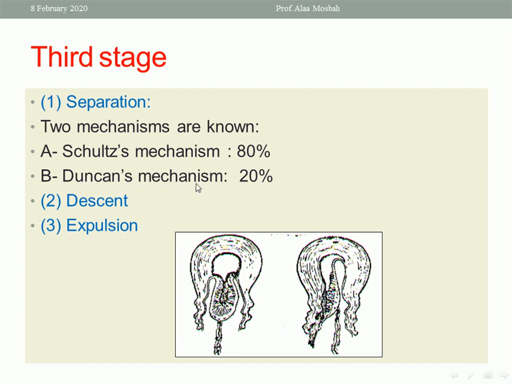While the Duncan method constitutes the minority, 20%; separation occurs at the edges, and this is associated with more bleeding and more occurrence of intrauterine remnants. Then descent of the placenta from the upper segment to the lower segment and the upper part of the vagina, and the expulsion completely out of the vagina, helped by the auxiliary force.